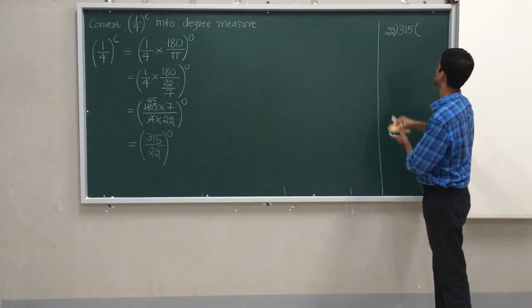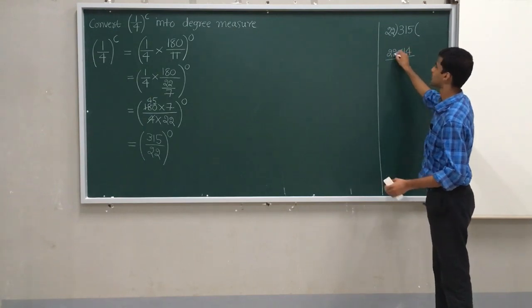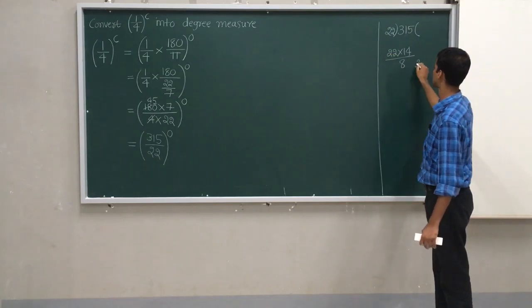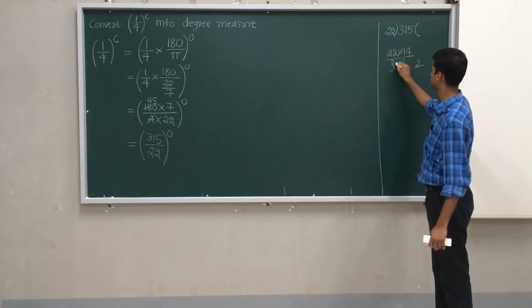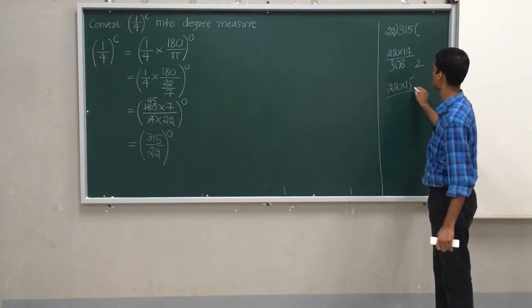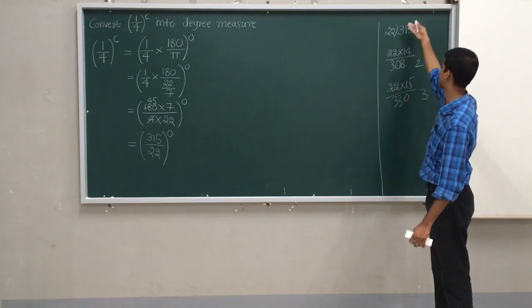Let me use 22 fourteens. 14 twos are 28 plus 2, 30. I guess it is okay. When you take 22 into 15, 15 twos are 30 plus 3, 33, which is exceeding this.